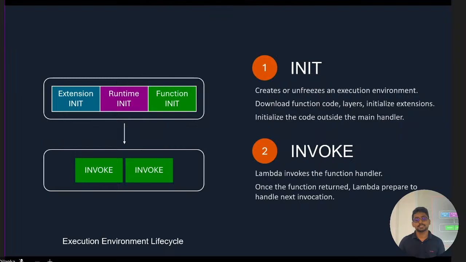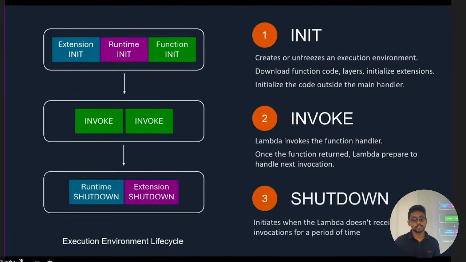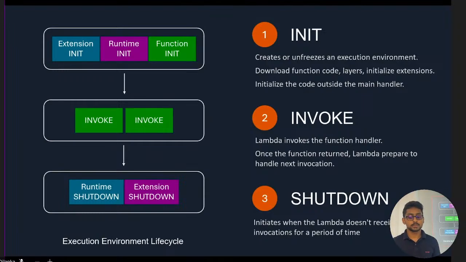The second phase is invoke. This is the phase where the actual business logic is running. Your main Lambda function will be invoked here. There's another phase called shutdown. This will shut down the instance, but this doesn't happen event to event.